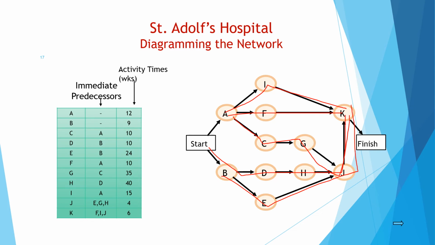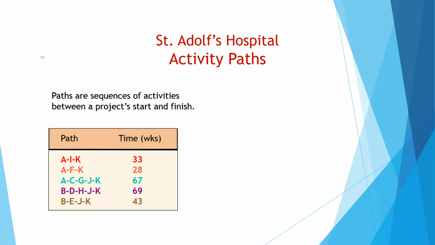According to that, let us see first AIK 33, AFK 28 weeks, ACGJK 67 weeks, BDHJK 69 weeks, and BEJK, that is 43 weeks.